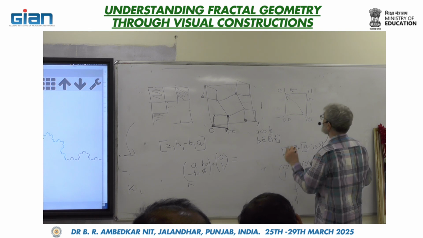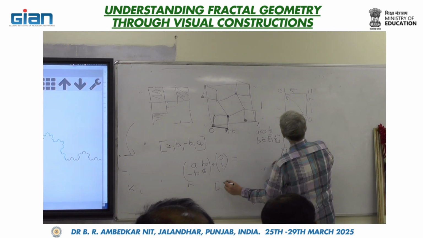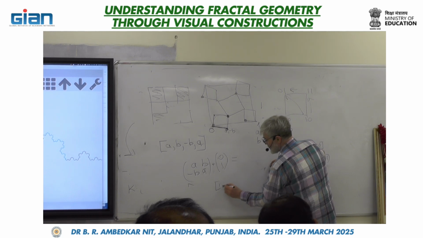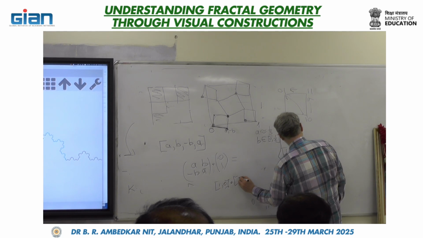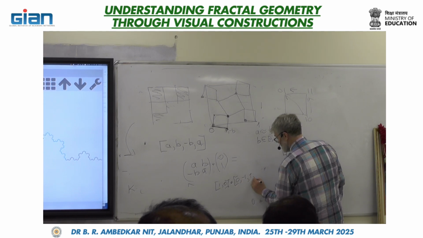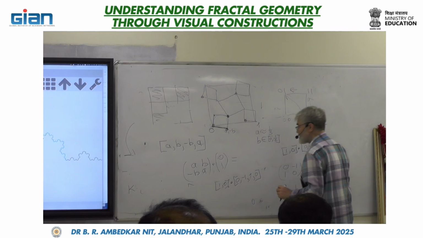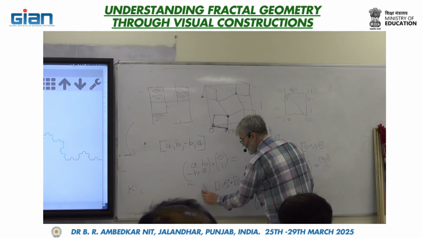Okay, so this operator will be, as I said, 1, 0 multiplied by 0, 0 minus 1, 1, 0. Yes? And it will be A, for example.